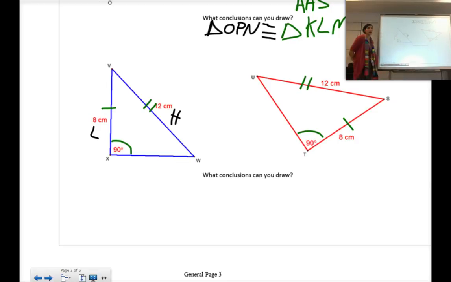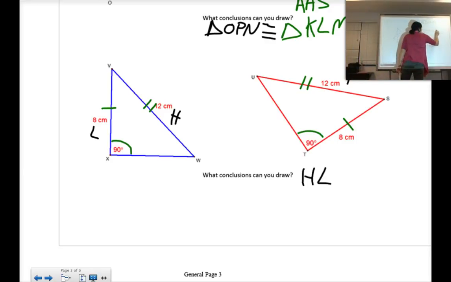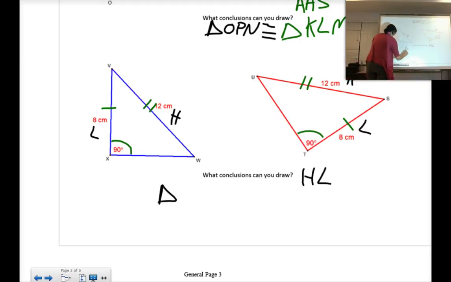So for right triangles, we call this hypotenuse leg. This only works for right triangles. If it's not a right triangle, you cannot tell me hypotenuse leg. Okay, now let's do a congruence statement. VXW.